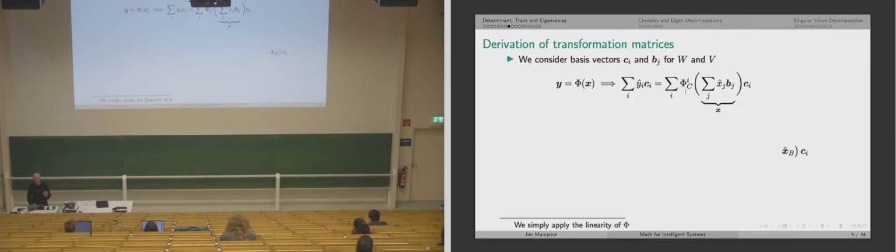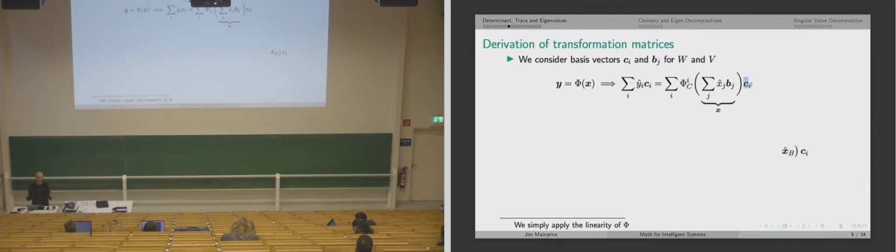The coordinates of phi of x are going to be defined by the coordinates of x in the domain basis, which is the sum of the scaled basis vectors B, transformed by these maps that I called phi i C, which is giving as output the scalar associated with the basis vector Ci after transformation of x.